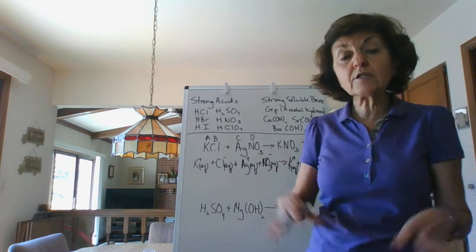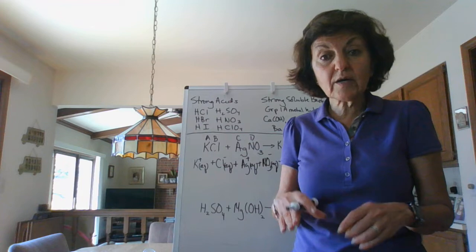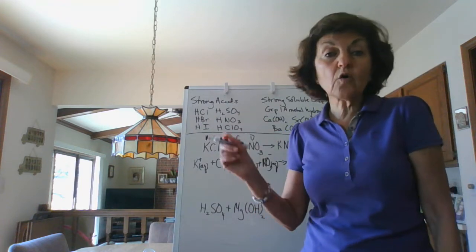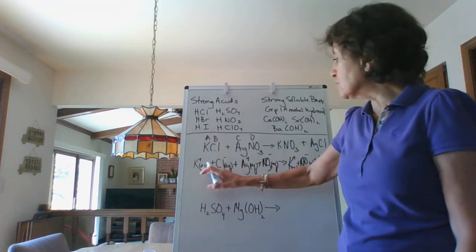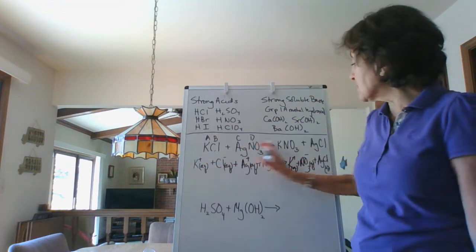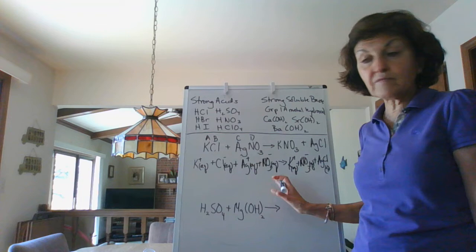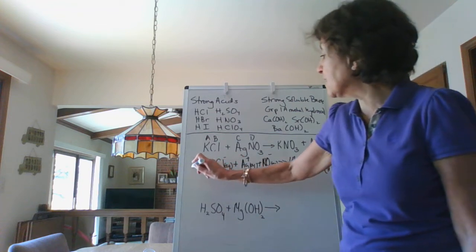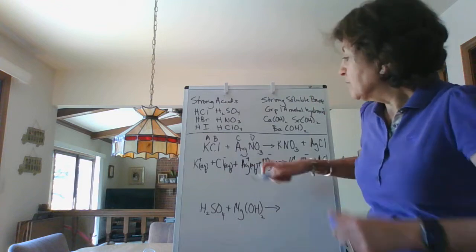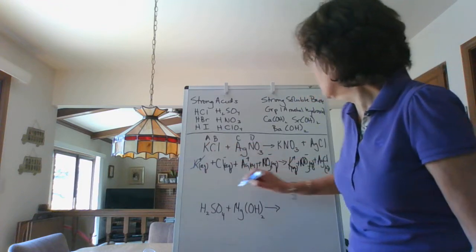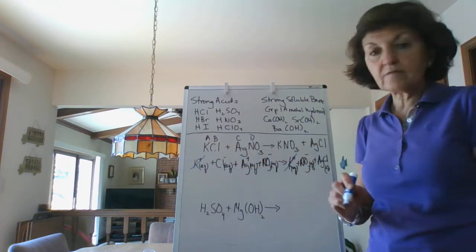Now to turn that into a net ionic equation, you cancel out all the spectator ions. What are spectator ions? Those are the ions that look exactly the same on both sides of the equation. So see this potassium here? Maybe I'll use a blue pen. This potassium here will cancel out with this potassium here.